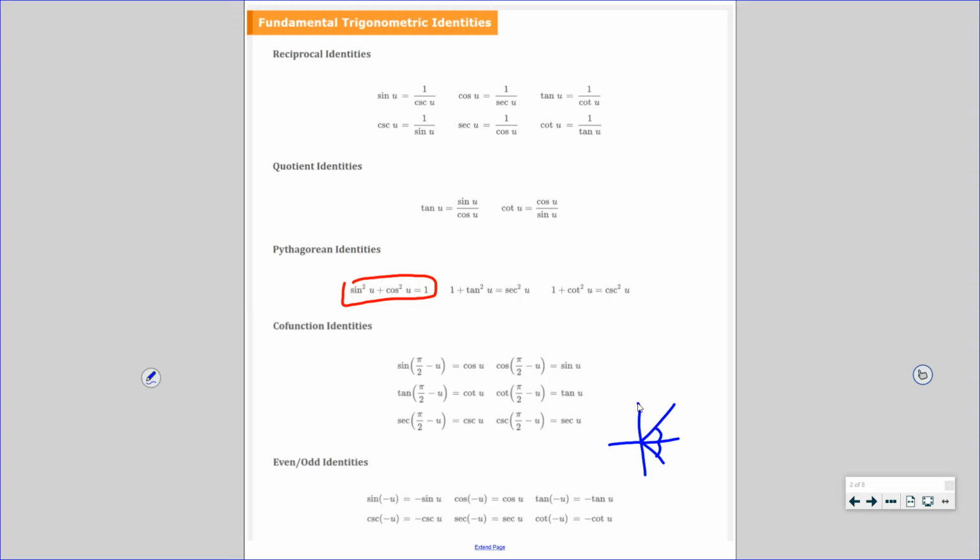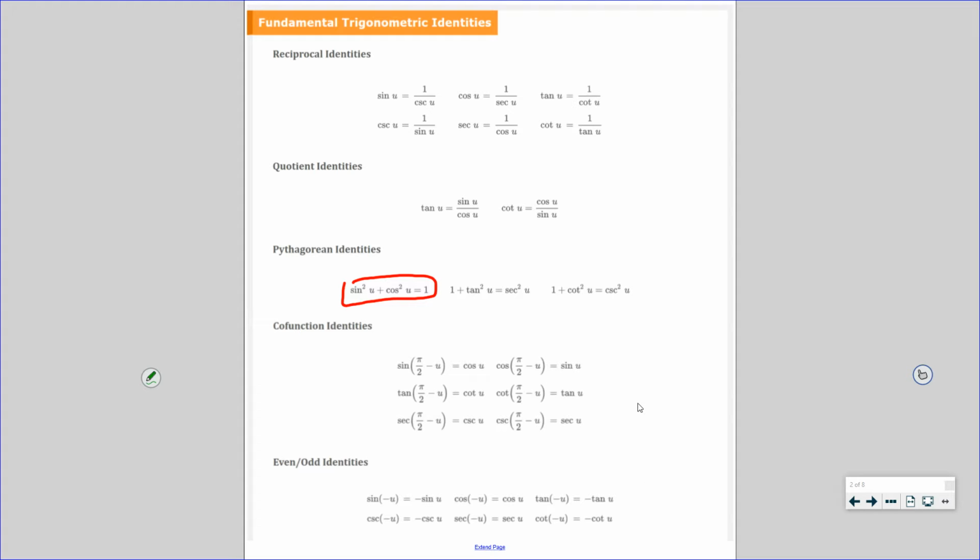Since we're talking about sine, it's going to be the opposite of this value. Cosine is going to be the same, right? Because cosine is positive in both of these. Tangent is going to be the opposite value, and then all their reciprocals. That's all those identities are. But like I said, you don't have to memorize them. They're right here.